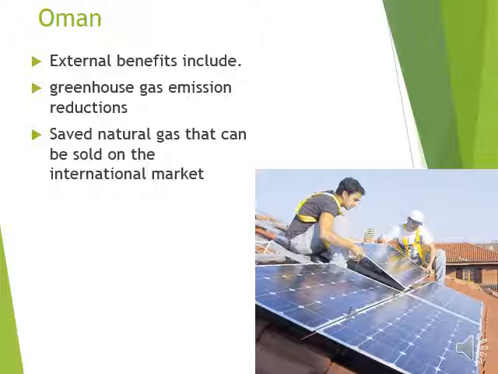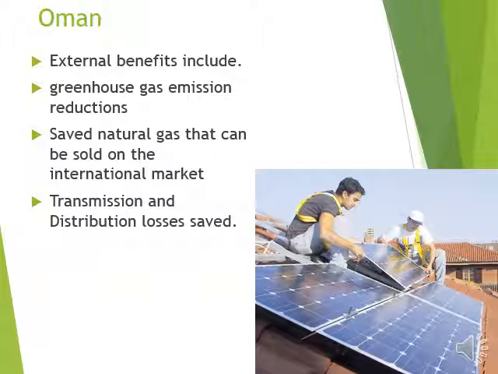Obviously, if you do that, you can't say you've reduced overall greenhouse gas emissions, but that is an external benefit. Remember, Oman was selling electricity to its residents at around 4 cents per kilowatt hour. Instead, they could make a lot more money, and I mean a lot more, by selling the gas on the international market.